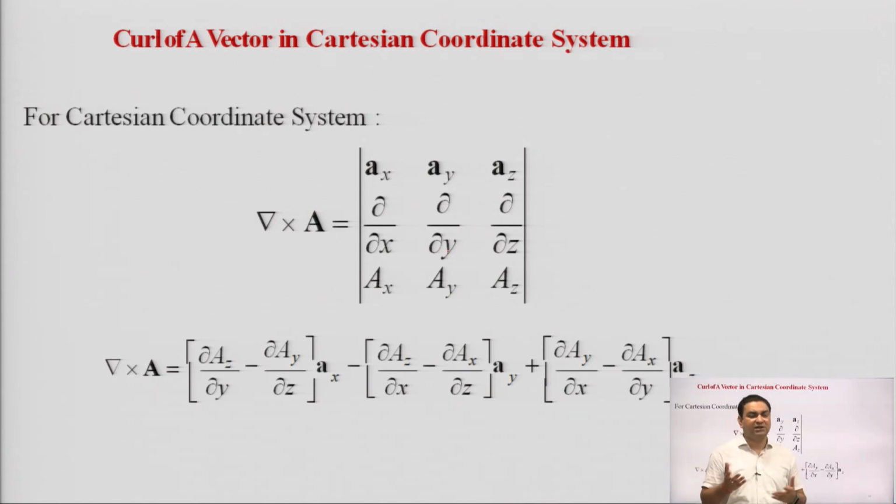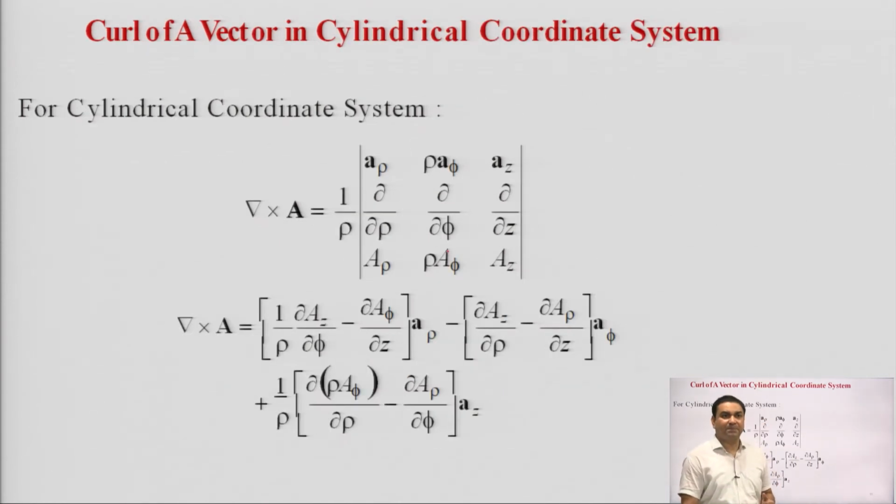Del x, del y, del z are the differential elements in the direction of x, y and z, and Ax, Ay, Az are the magnitudes of the vector A in the direction of x, y and z. When we elaborate this complete matrix, we get del cross A.